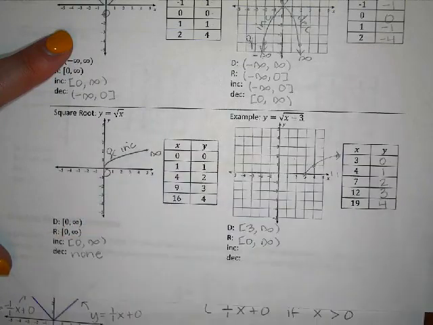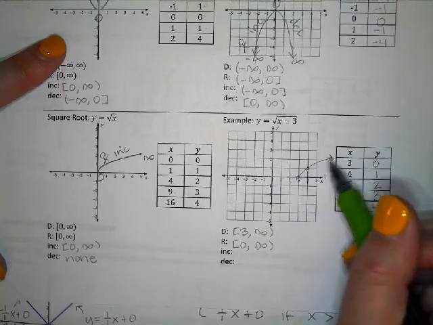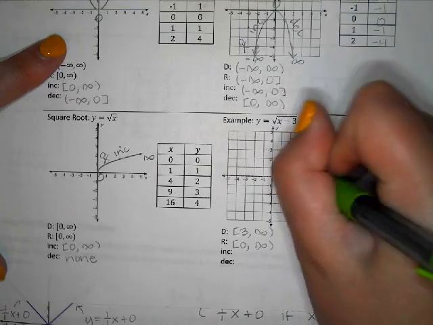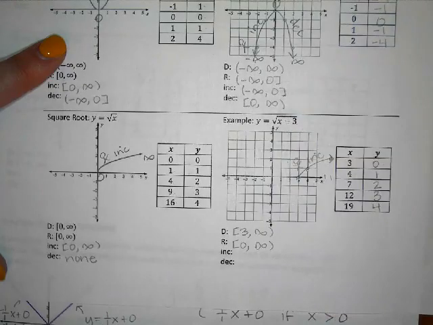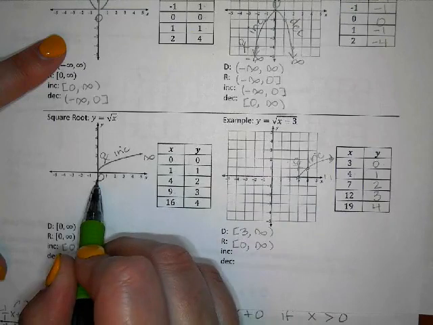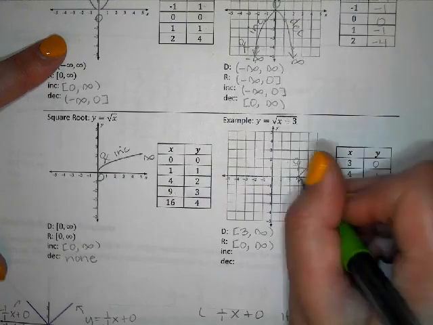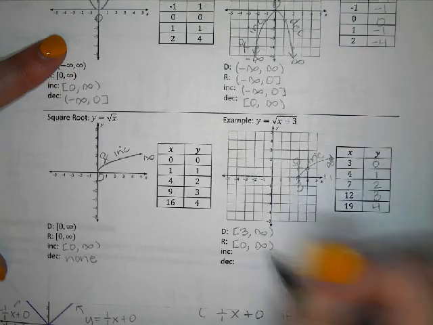If we have our stick figure, they are only walking uphill, they are only increasing, but they're not starting at 0 this time. They're starting at an x value of 3. So this would be increasing from 3 to infinity. Decreasing would be none.